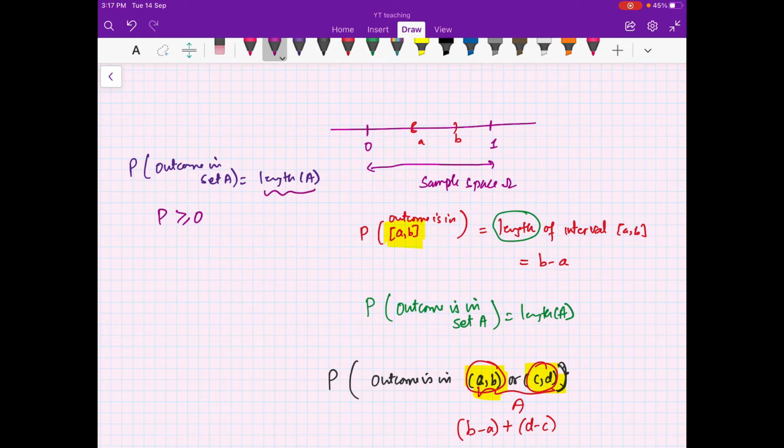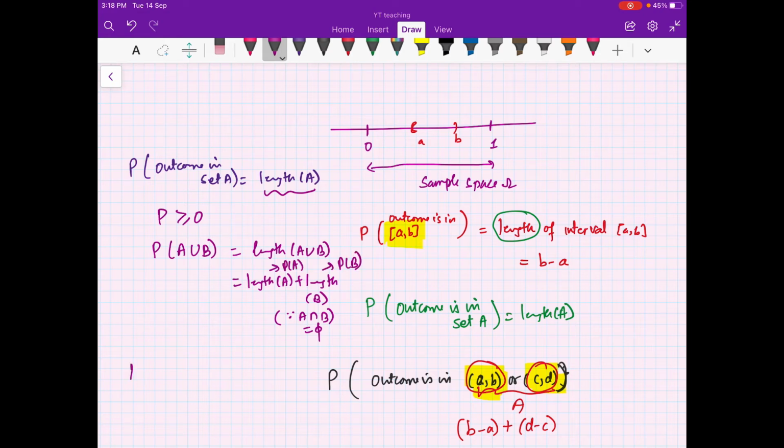Also, if A and B are two disjoint sets, then the probability of A union B will be the length of A union B. And obviously, because A and B are disjoint, this will be the length of A plus the length of B. So the additivity law is also true. This will be the probability of A, and this will be the probability of B.